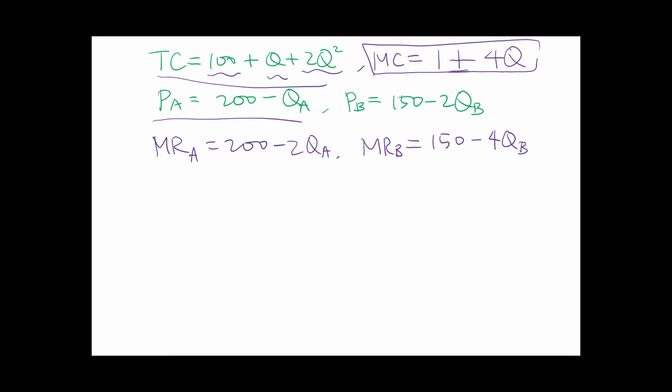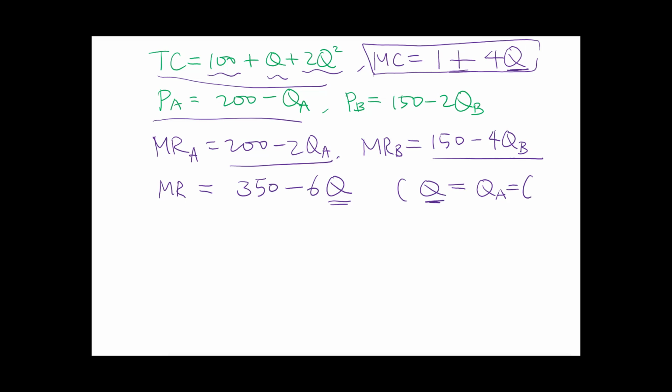So we can say the total or sum of the marginal revenue from product A and B production will be marginal revenue equal this plus this. So 200 minus 2QA plus 150 minus 4QB, I have 350 minus 6Q, and I can write it Q because they're joint production, so this output Q indicates the level of output QA and level of output QB, as A and B are produced from single production at the same amount, fixed proportion.